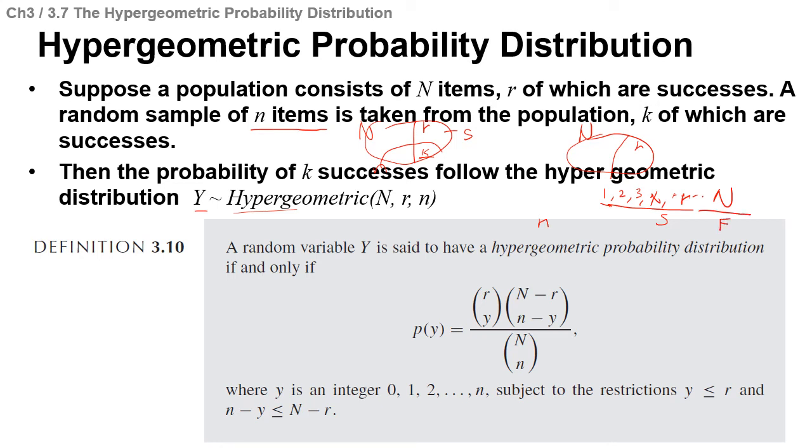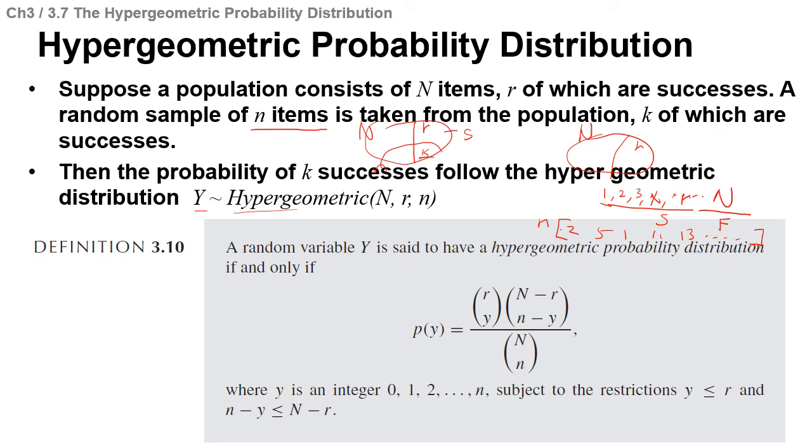When we are sampling n numbers like 2, 5, 1, 11, 13, dot dot dot, among them we have k number of success. That number k follows the hypergeometric distribution.